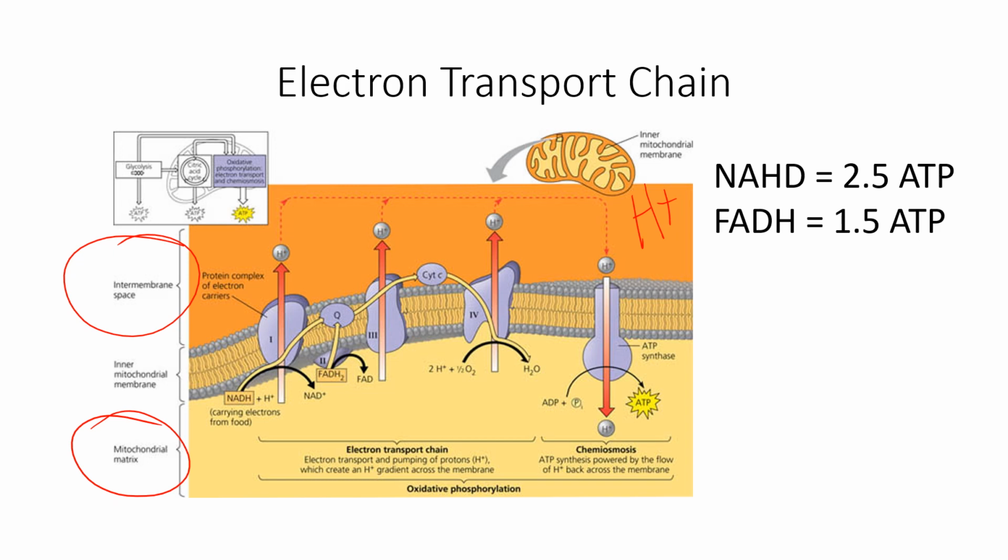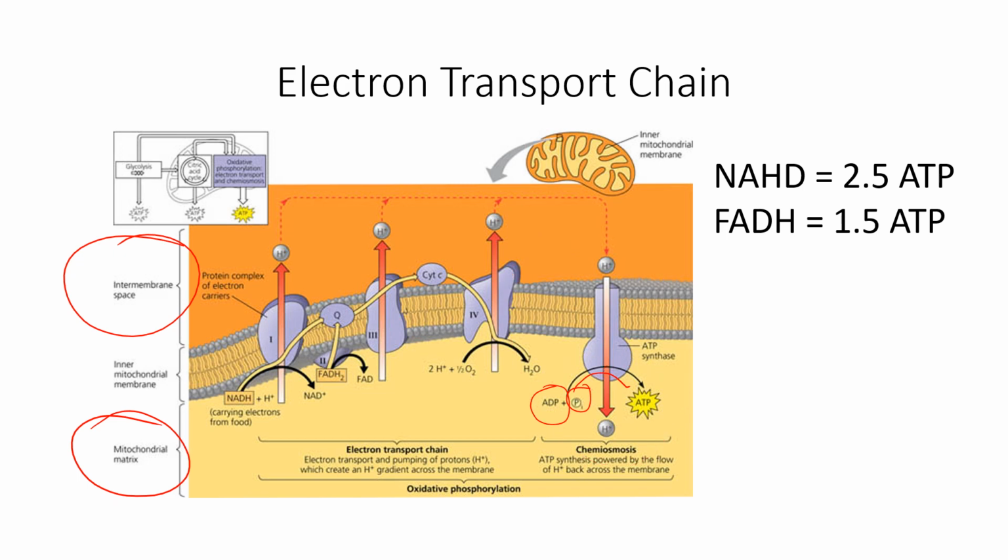And what happens is, just as you might imagine, these hydrogen ions come back through ATP synthase. And as the hydrogen ions travel back through ATP synthase, we have ions traveling through this tunnel, which creates a type of energy that allows ATP synthase to rotate. And as ATP synthase rotates, it recombines inorganic phosphate with adenosine diphosphate and resynthesizes ATP.